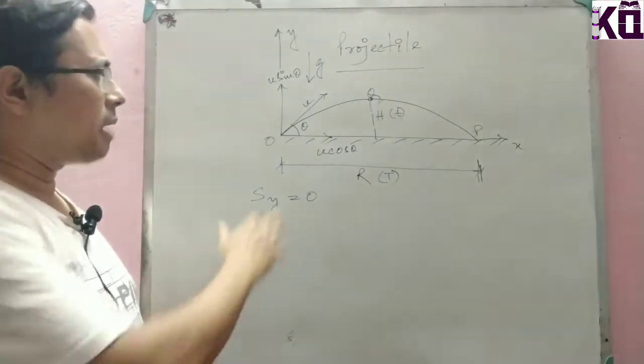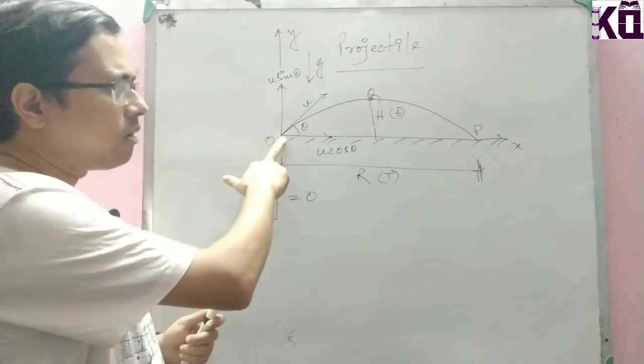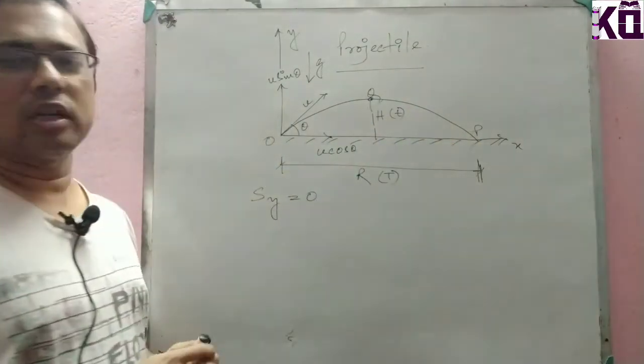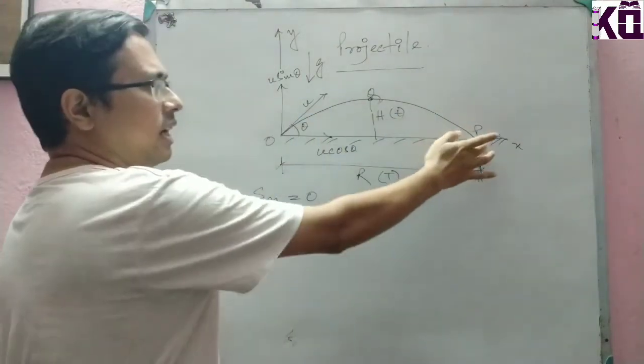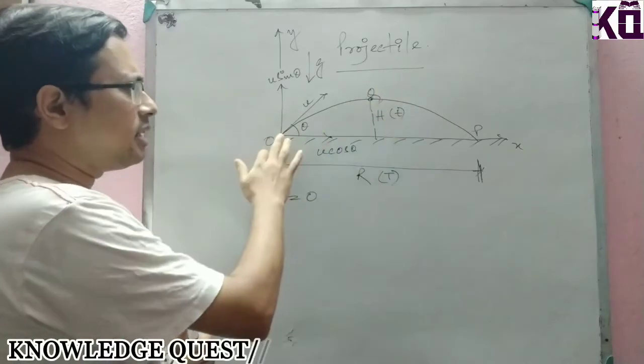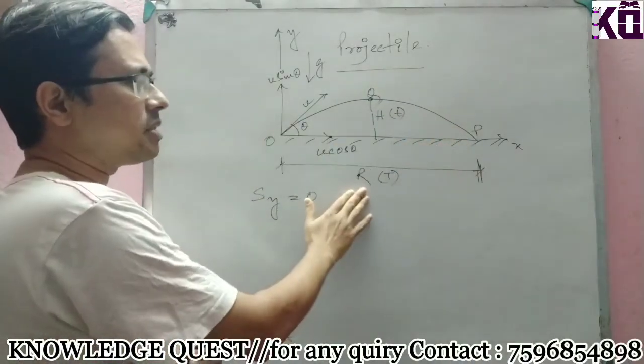Okay, here it starts to move from O. So in x direction the total displacement is r. That means in that direction the final displacement is OP and the initial displacement is O, that is 0. So in x direction there is the displacement r.